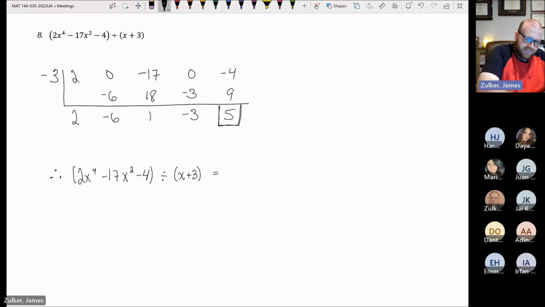Right, then we're going to get 2x cubed minus 6x squared plus x minus 3 is our quotient. And then the remainder is 5 over the divisor, x plus 3.